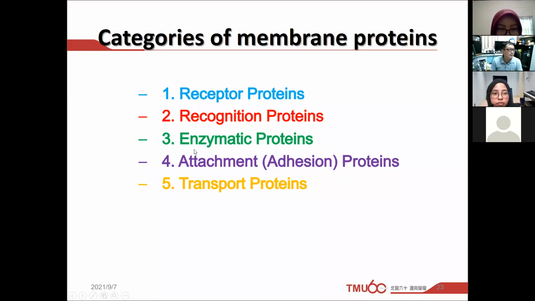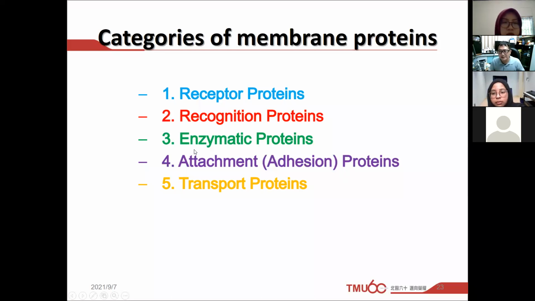Now here, the membrane proteins I just told you about before, the receptor protein, and the recognition protein. What is a recognition protein? It's a marker protein. What's a marker? It tells you the identity of these cells. For example, hematopoietic stem cells, right? For bone marrow transplantation, we need to collect the bone marrow stem cells, hematopoietic stem cells, not other cells.